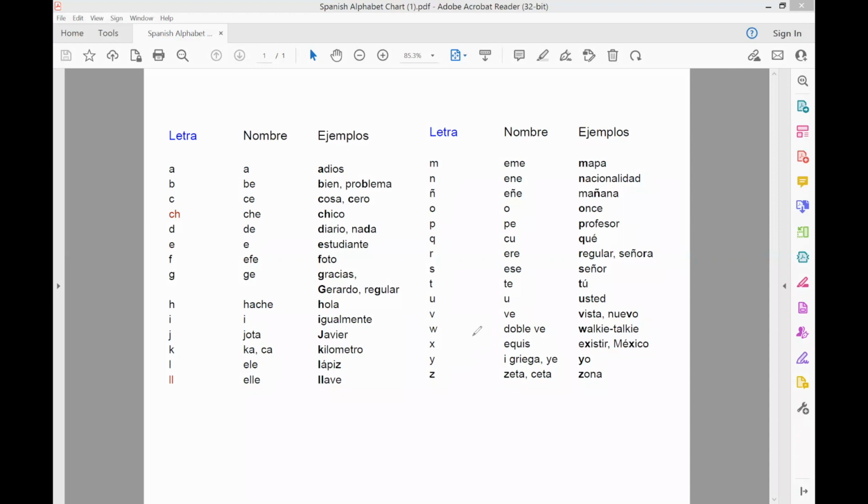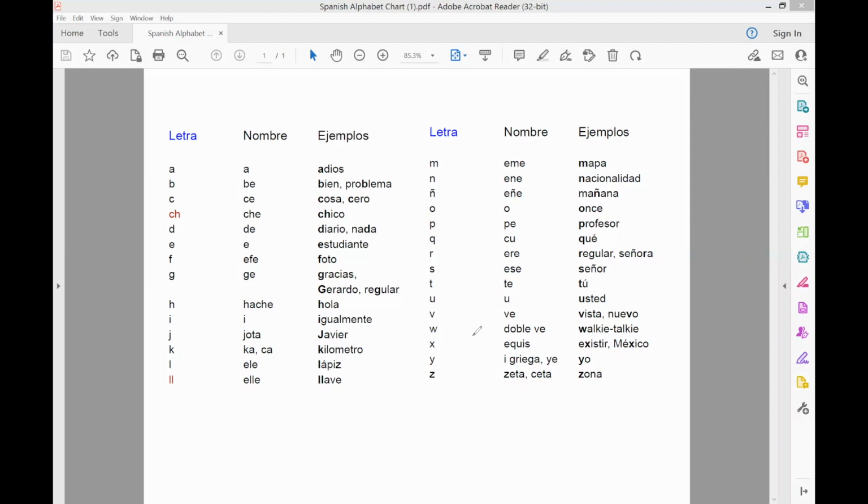Repite. X. Existir. Mexico. So the X also has two sounds. It can have a CS type of sound, as in existir, or it can have a J sound, like in Mexico.